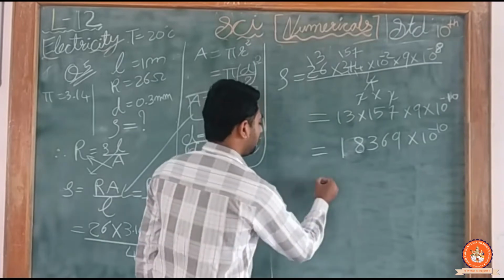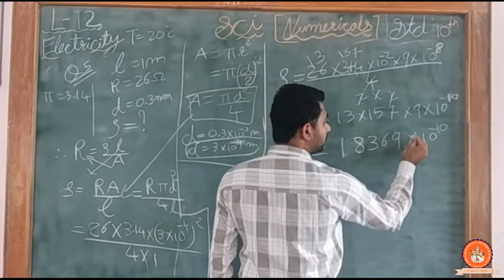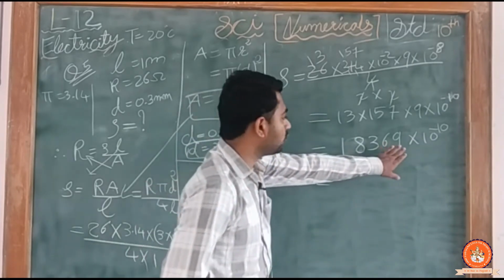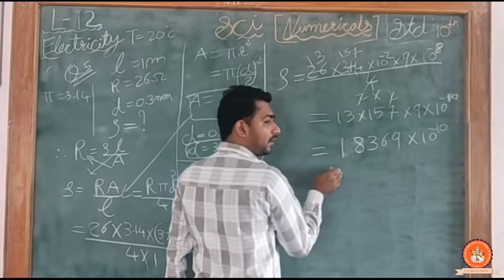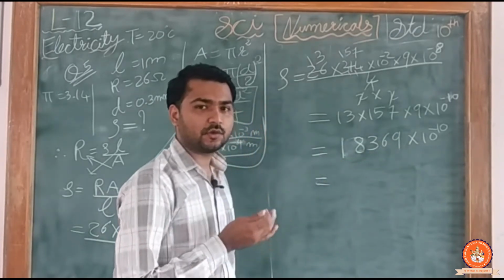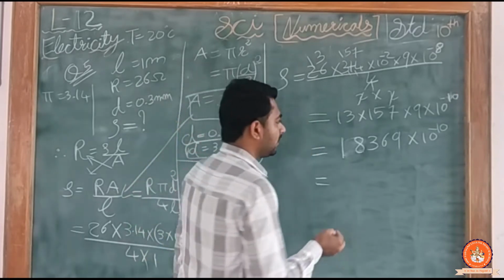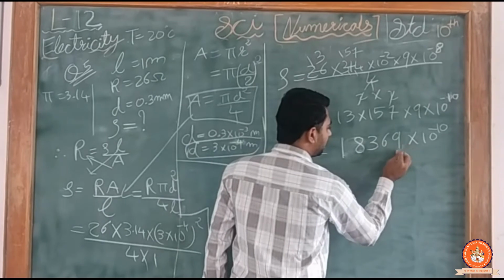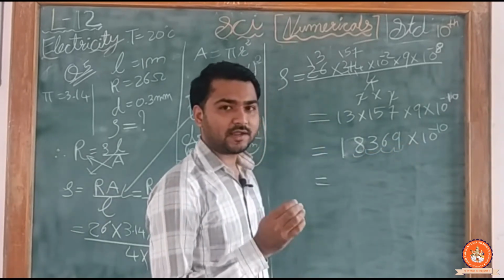Now my decimal is here, because 9.0 has nothing after the point, that means the decimal is here. Now taking my decimal on my left side. What I told you, if I am taking my decimal on the left side, you have to add 10 raised to plus 1, plus 2, plus 3. So my decimal is here, I will take 1, 2, 3 and 4. I have to write 10 raised to 4.